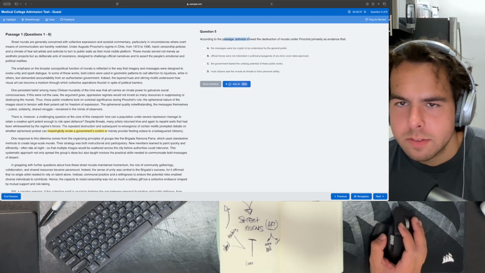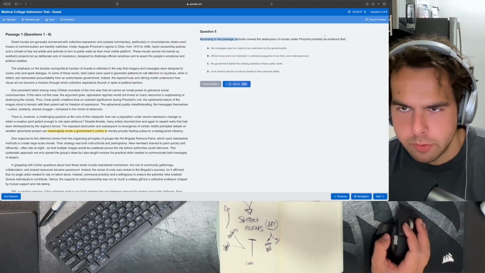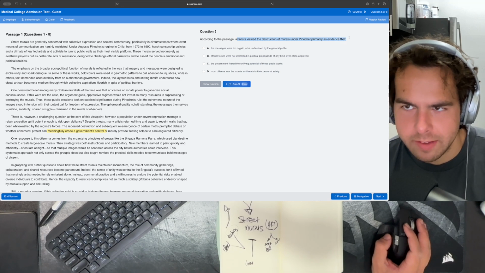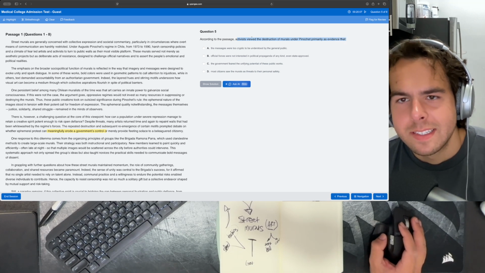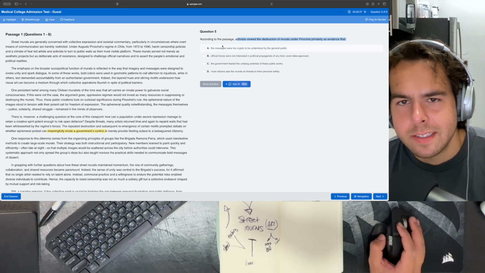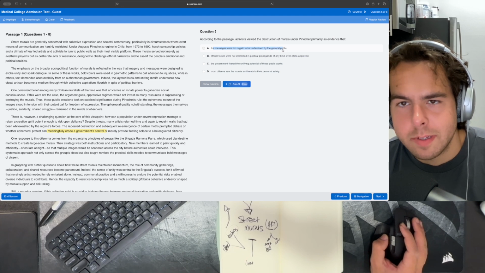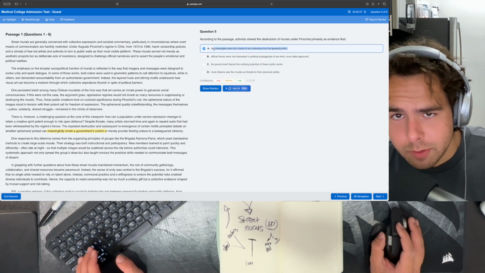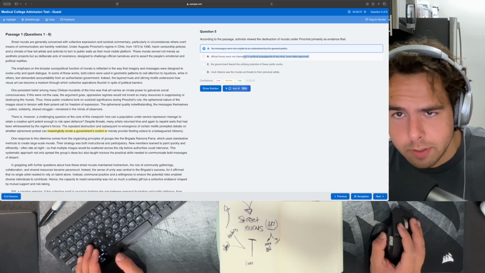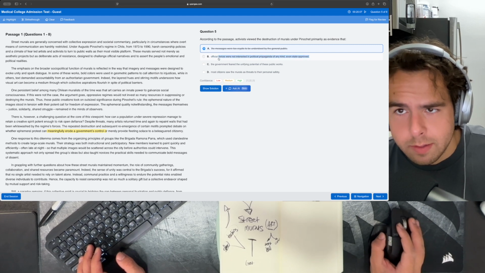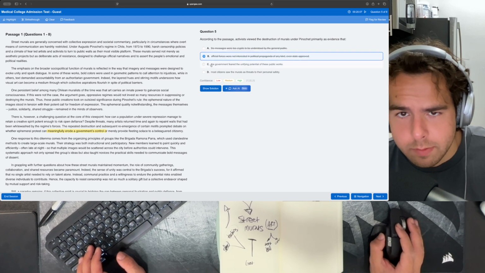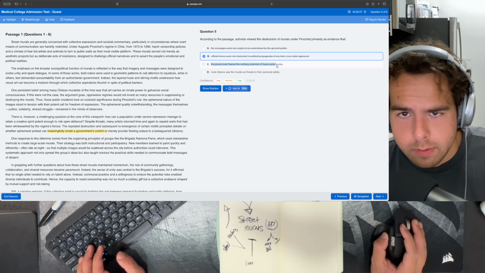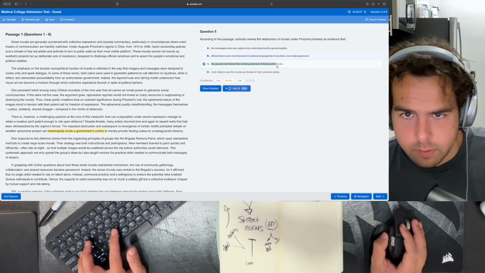According to the passage, activists viewed the destruction of murals under Pinochet primarily as evidence that messages were too equipped to be understood by the general public. That's not true, because they were social forces not interested. That's not true. This is true.